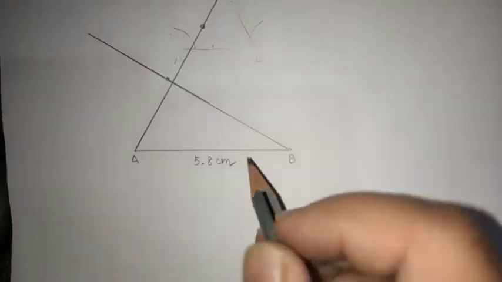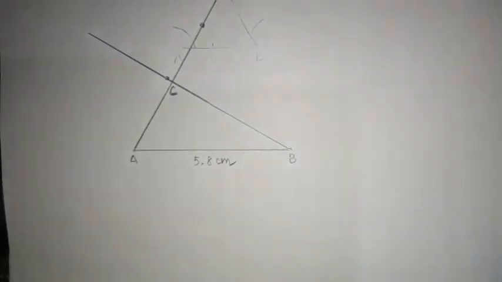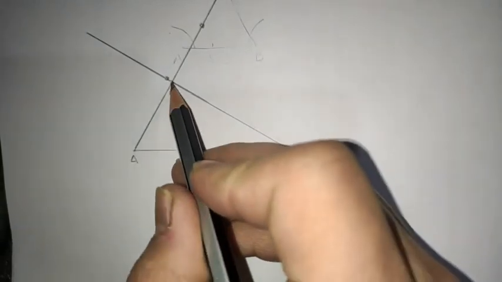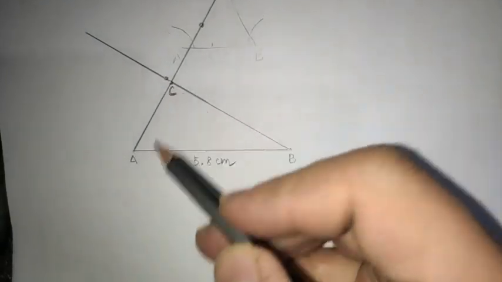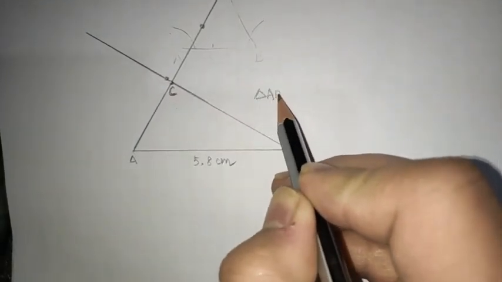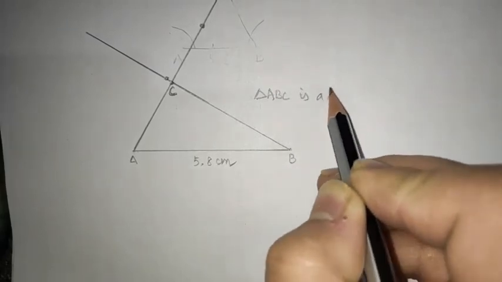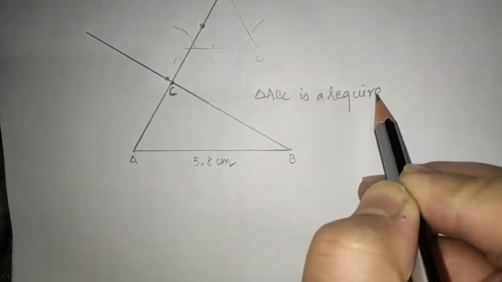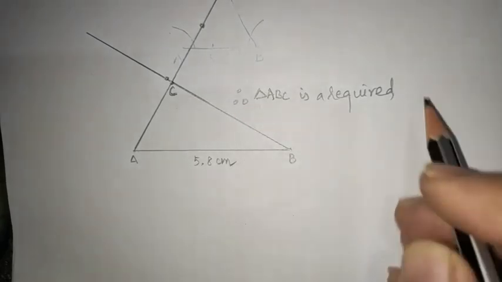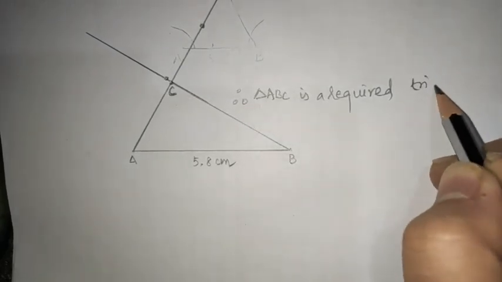Pass a straight line. Right? So wherever they are meeting will be our C. So this is our triangle ABC. Okay? At this point they are meeting. So this is the required triangle. So first of all you write, therefore triangle ABC is a required triangle.